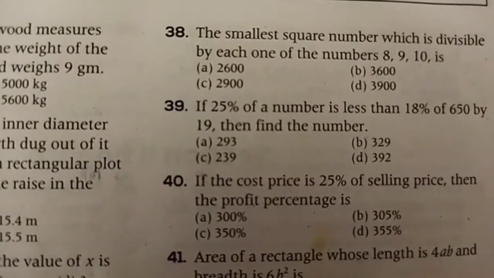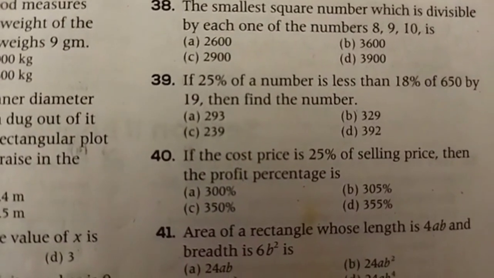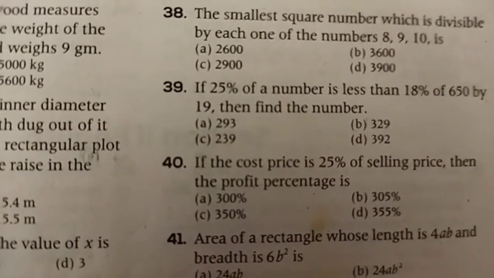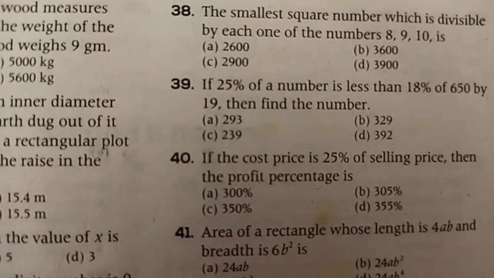The smallest square number which is divisible by each one of the numbers 8, 9 and 10 is. We need to find the smallest square number that is divisible by 8, 9 and 10. Let's find the LCM for 8, 9, 10.